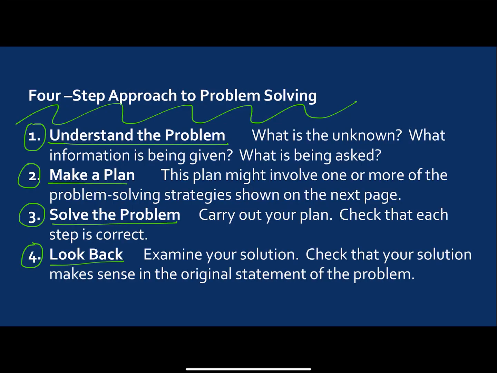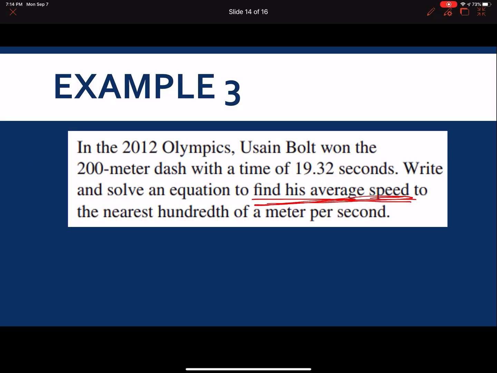Number 2 says make a plan. This plan might involve one or more problem-solving strategies shown on the next page. Now, when we talk about make a plan, we are stating decide what you want to determine and how to go about it. Our directions tell us to write and solve an equation. Now, there's some things that we already know here.